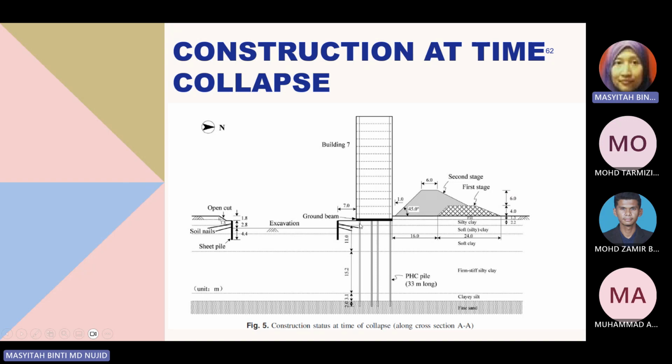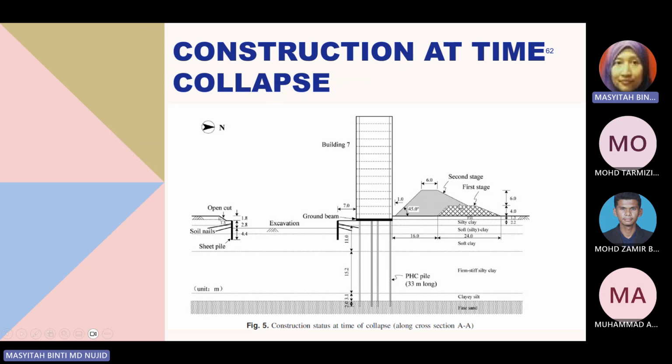Okay, the next are the sketches. The sketch image shows high-rise building number 7, and then this is the pile embedded into the soil layers, and then the dumped soil from the site had two stages. For the first stage, the height of the embankment was 4 meter, and then they dumped a second stage of around 6 meter height on top of the first stage.